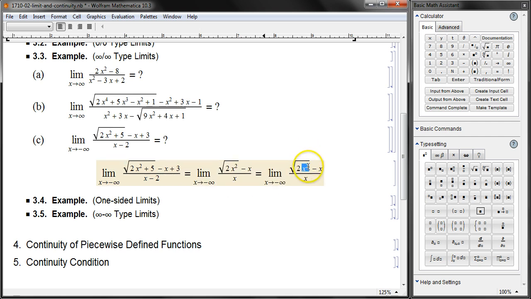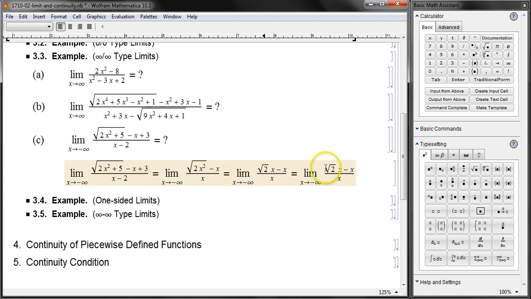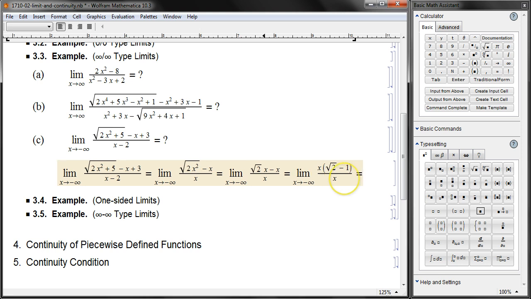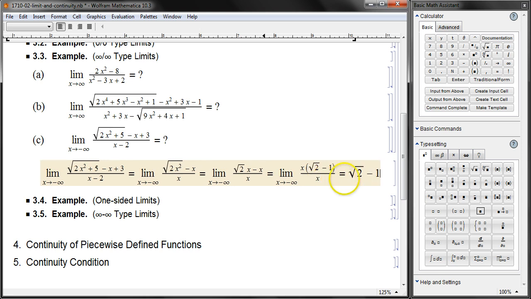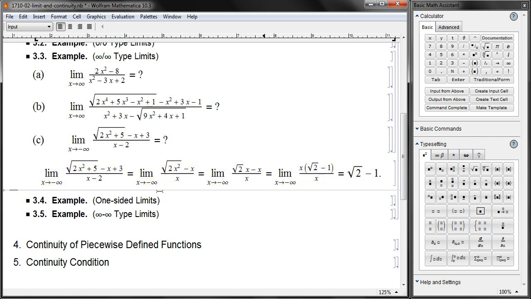And get this out of this square root x, and then this is equivalent to, let's see, let's factor x out, and cancel out, you get square root of 2 minus 1 as the final answer. Does it look okay to you?